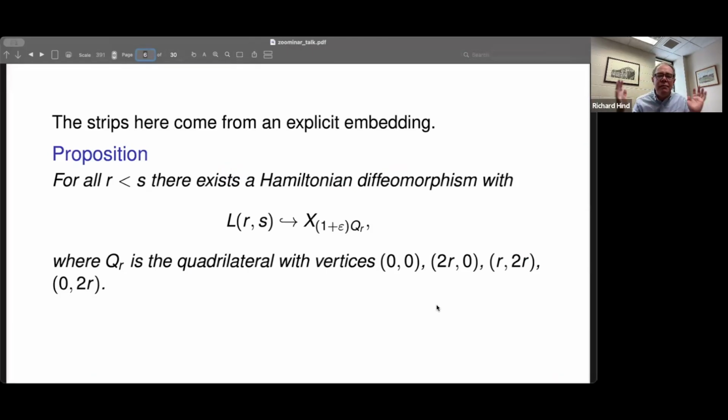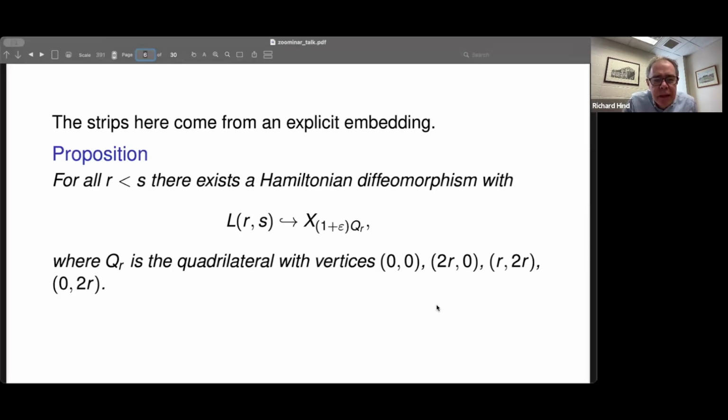So that means every time this trapezium sits inside the moment image, you're guaranteed to get a strip of the corresponding width. So somehow these strips are inevitable because of that. Anyway, that's where they're coming from, and this is a very explicit symplectic embedding.